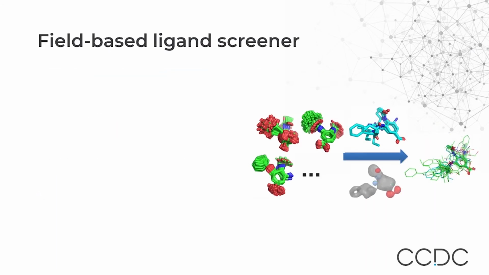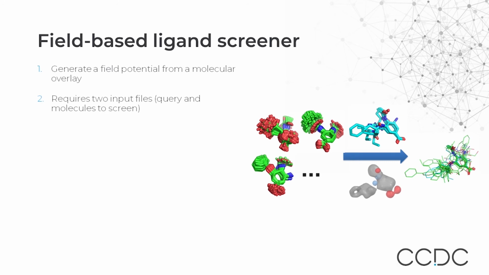And the third one is the field-based ligand screener, which I mentioned before is available through CSD Python API. Now, how does it work? It generates a field potential from a molecular overlay based on user-defined atom types and then creates fitting points in the hotspots. It requires two input files, the query and the molecules to screen.